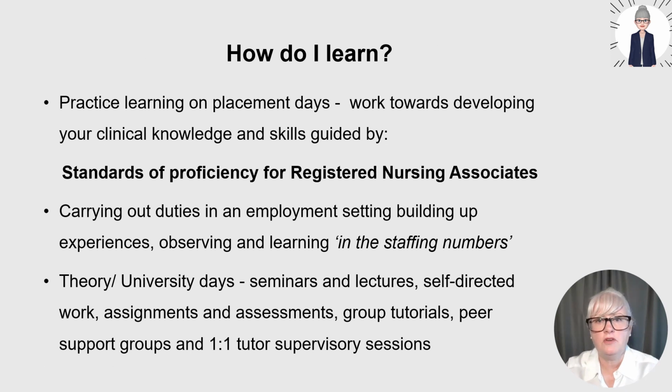So how do you learn on a nursing associate apprenticeship? You learn in different ways. Let's take a typical apprenticeship. You might have 2 days of practice learning placement days where you are supernumerary. That means you're not in the staffing numbers. Then on placement, you work towards developing your clinical knowledge and skills guided by nursing associate proficiencies. And if you check the Nursing and Midwifery Council website, you can view the standards of proficiency for registered nursing associates.